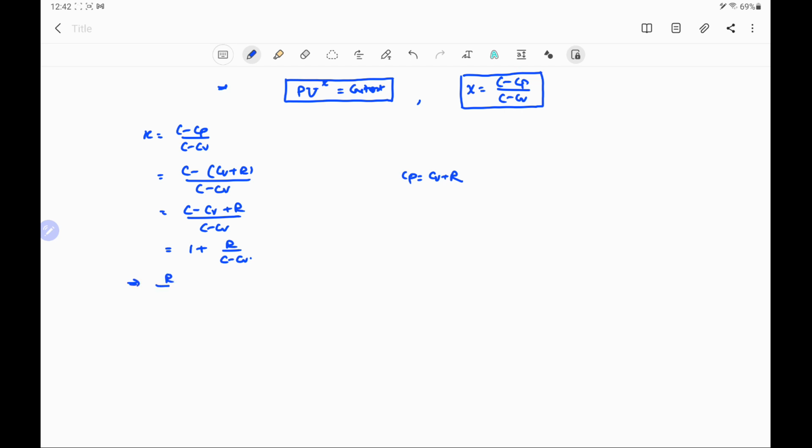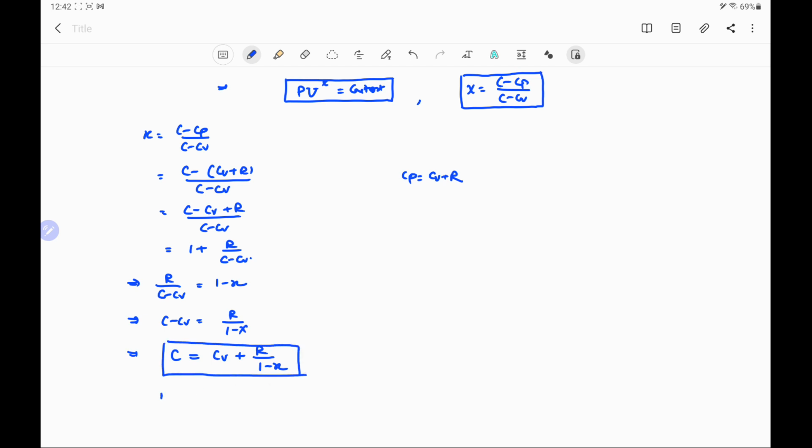Therefore, R/(C - Cv) = 1 - x on rearranging, or we can write C - Cv = R/(1 - x). Therefore, the molar heat capacity of the polytropic process can also be written as C = Cv + R/(1 - x).